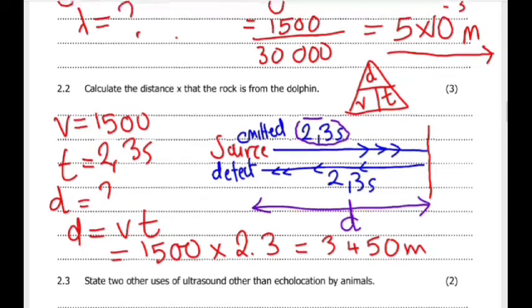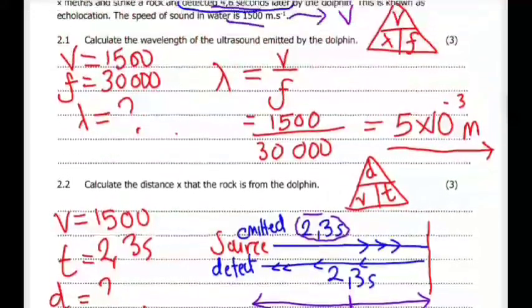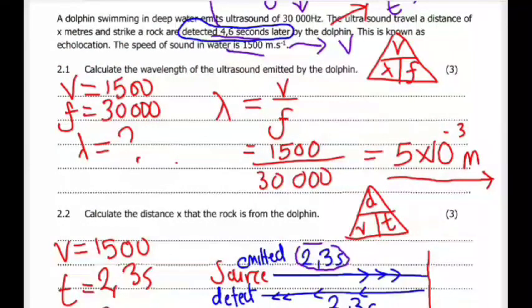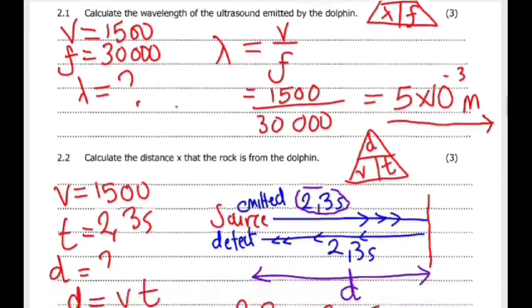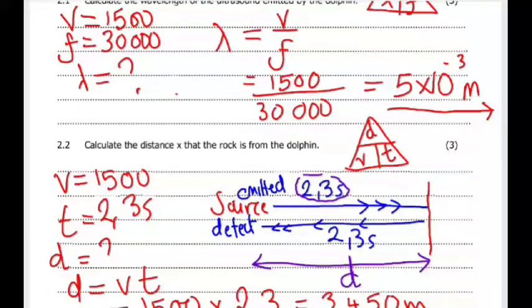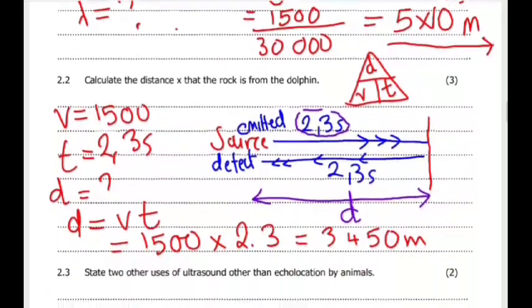Okay, so this calculation 2.2 is a bit tricky because of the time. I know the time value sometimes confuses learners. They're like, oh, why are we dividing by 2? Remember, the sound waves travel and then they are reflected. So the total time of travel is the time from when they are emitted to go to the barrier, and then they reflect and bounce back and they're detected. So we have to divide by 2.